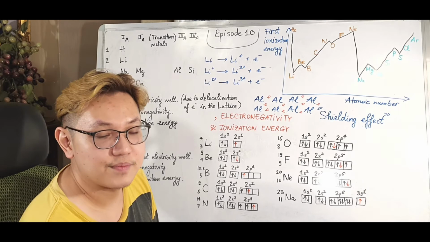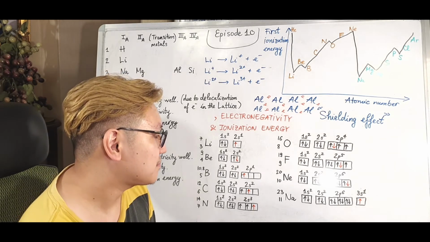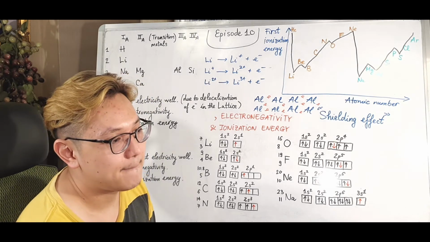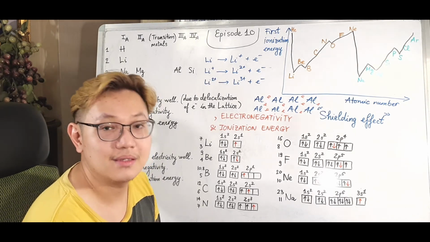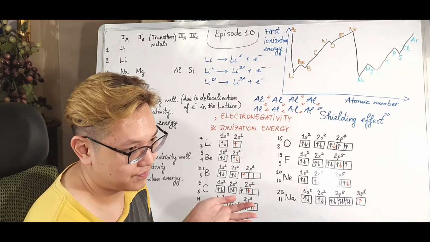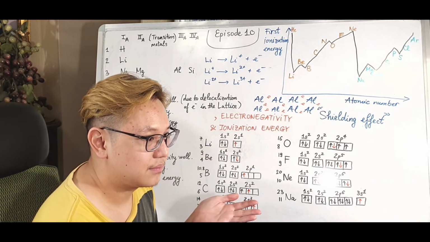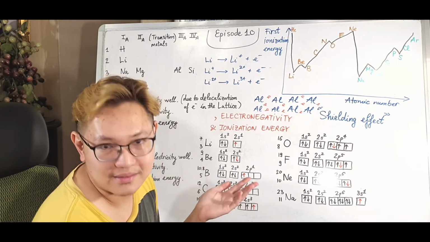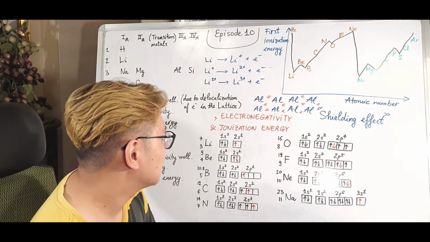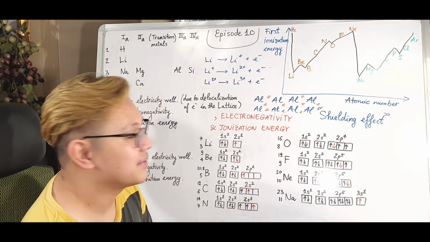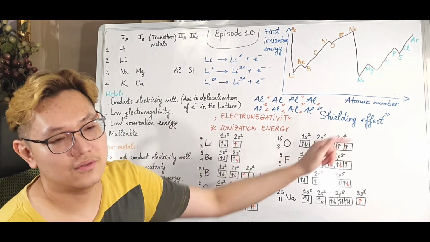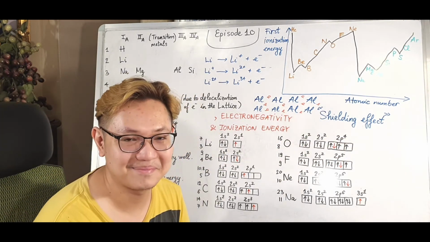The atom becomes smaller and smaller. So the distance between the last electrons and the nucleus decreases as you go from the left to the right. So of course, what does it mean? Well, they're more protected when you go from the left to the right. But that is not the reason why the electronegativity increases when you go from left to right. What is the reason here?